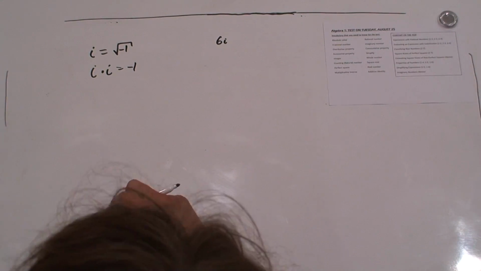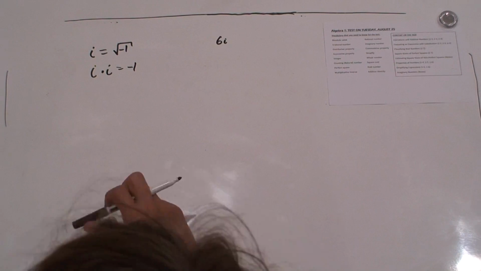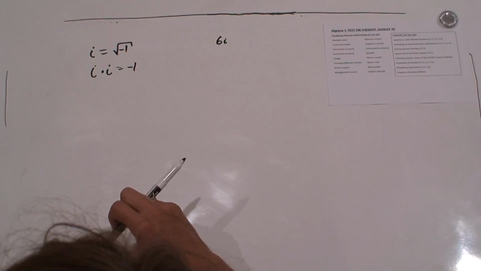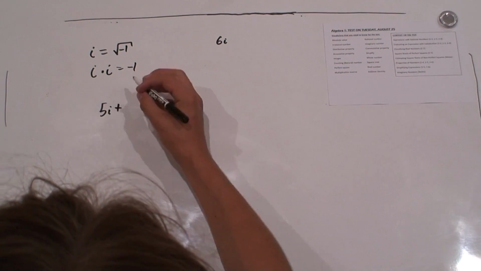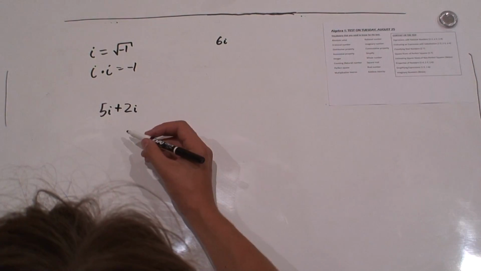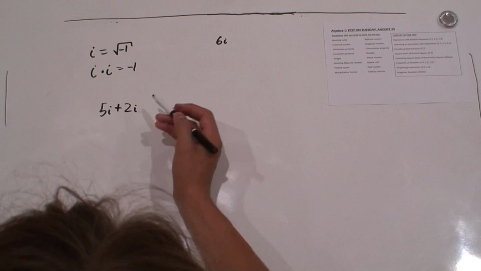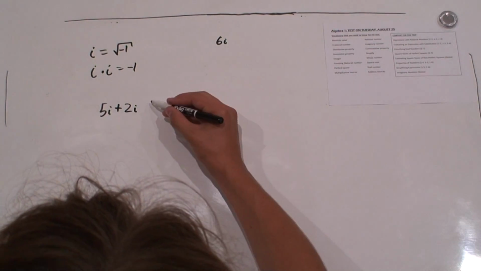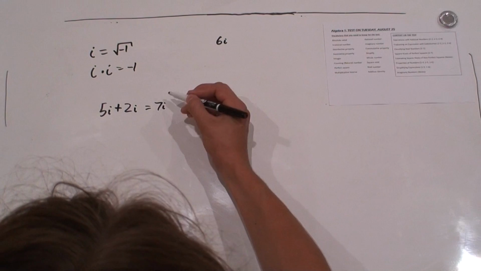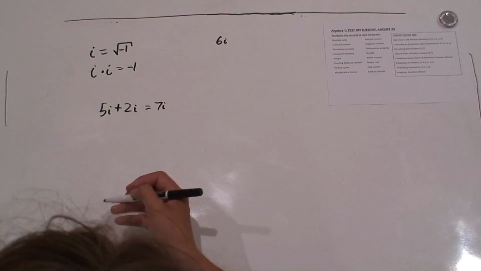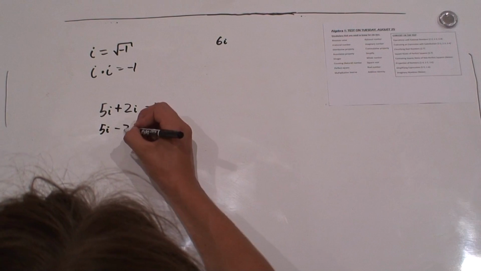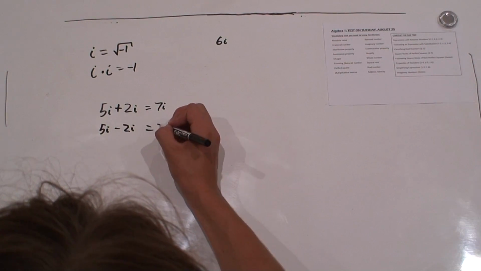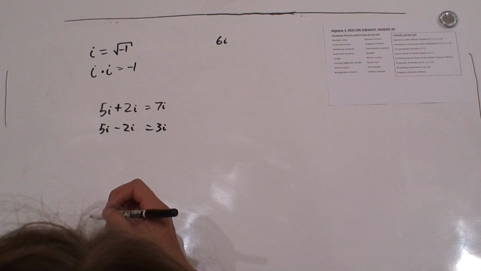So the i works like almost every other variable you encounter. If you add it, 5i plus 2i, you have 5 i's and you add 2 more i's, so you would get 7i. If you subtract it, it's pretty much the same thing: 5i, and then you take away 2 i's, you would get 3i.